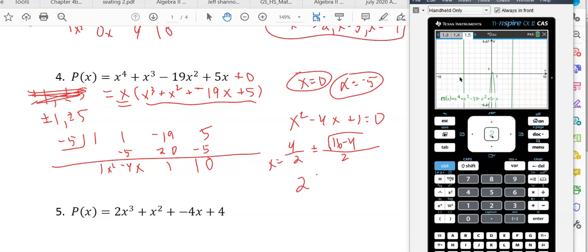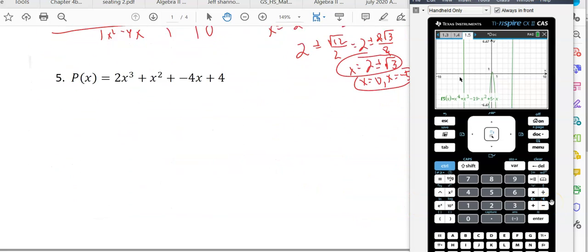So this is 4 plus or minus square root of 12 over 2, which is 4 plus or minus 2 root 3 over 2, which is 2 plus or minus root 3. And then, of course, also solutions at x equals 0 and x equals negative 5.